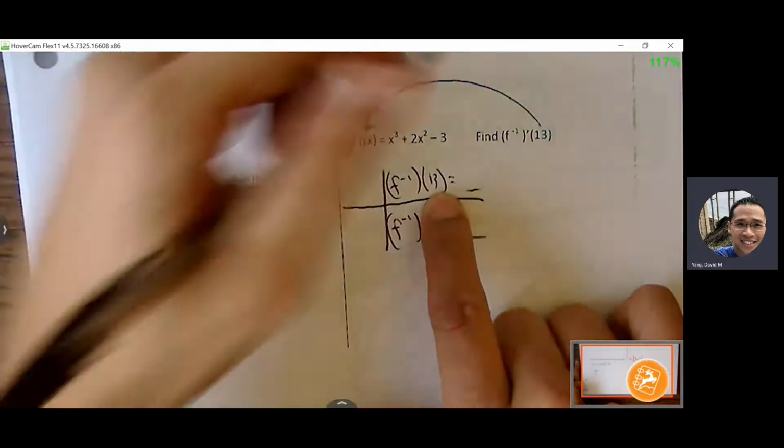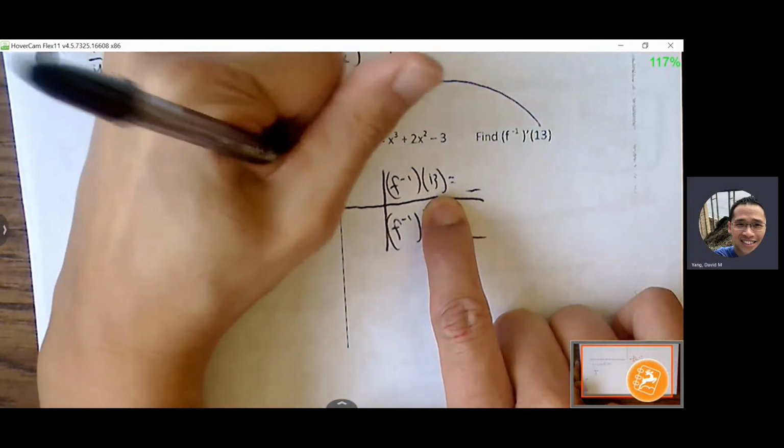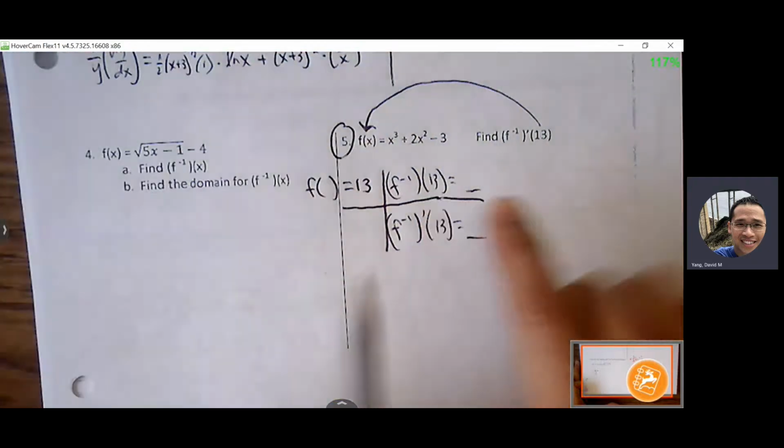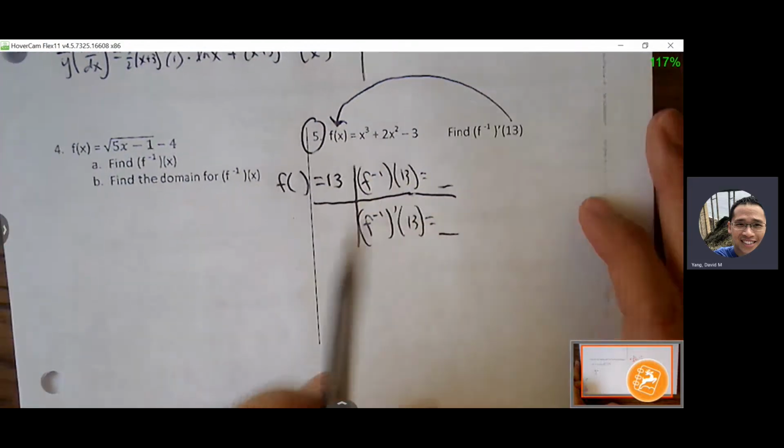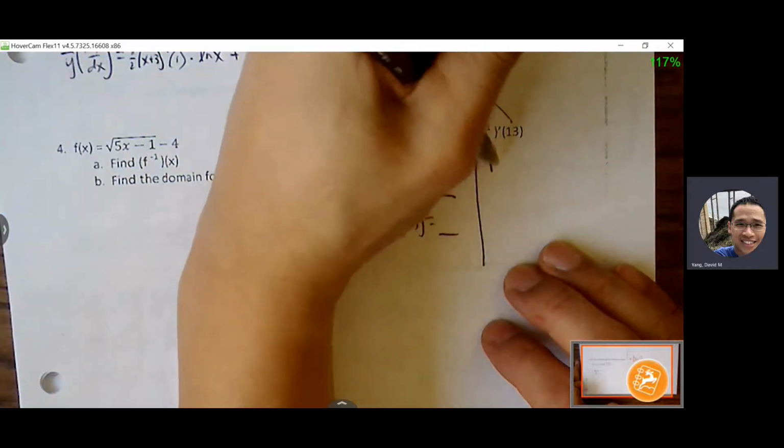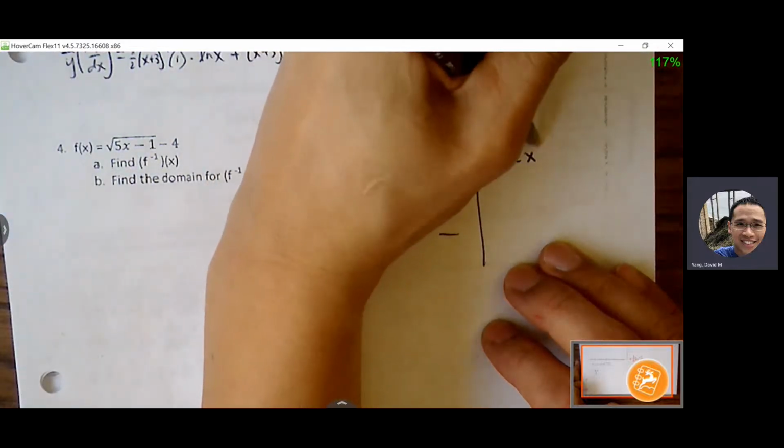Okay. I know 13 is really the y value, so I have to work backwards to figure out what the x value is. We'll put 13 in for y and try to figure out backwards what the x value is going to be.